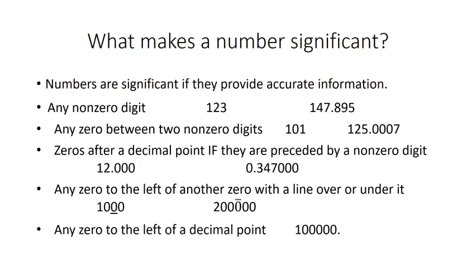And then, of course, any zero to the left of a decimal point, again, if it is preceded by a non-zero digit. The way that we can tell all these zeros are significant is that there's a decimal point there at the end of this line of zeros. And so we have 1, 2, 3, 4, 5, 6 significant digits.